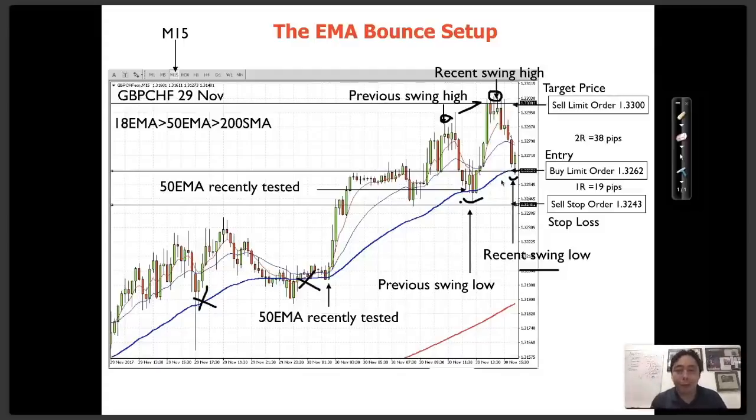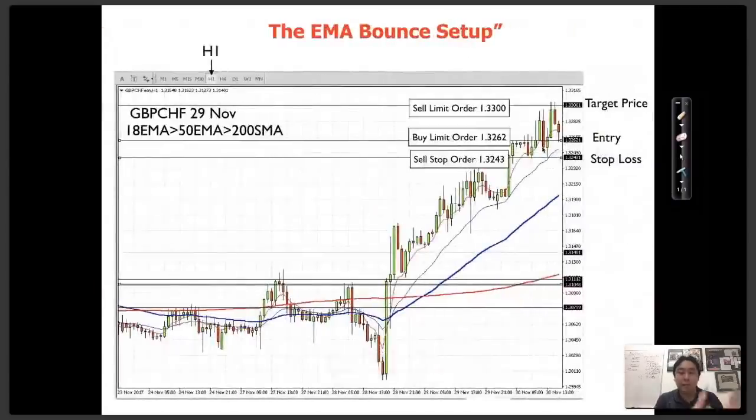Now, the other thing which I do is, in this case, I'm trading on the 15-minute time frame. All right. So I always look at one time frame higher. So what's higher than 15 minutes? 1 hour. Okay. So this is the 1 hour chart of that same setup.